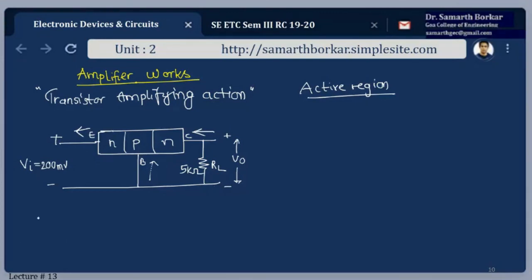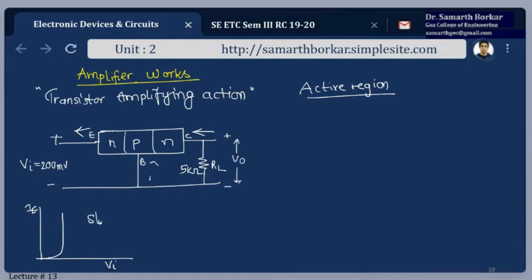Now, if you recollect the characteristics of common base, this is how it is. Input characteristic, VI versus IE. It's just like a diode, isn't it? Now, this slope is large, almost as good as 90 degrees.